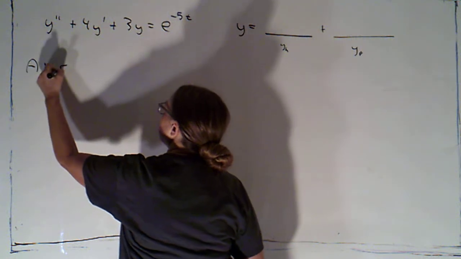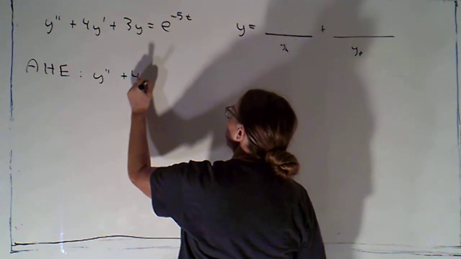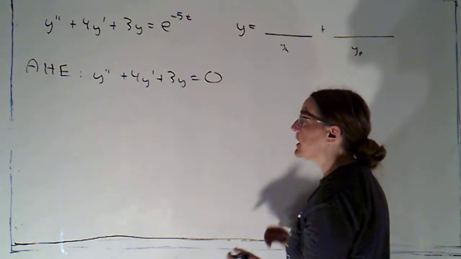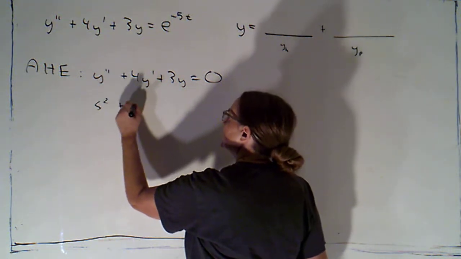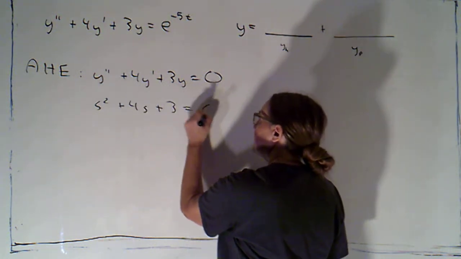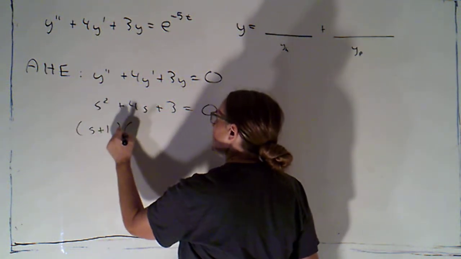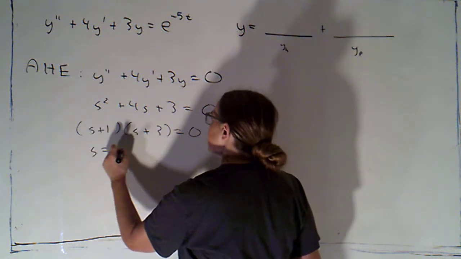The associated homogeneous equation is just y double prime plus 4y prime plus 3y equals 0. So the characteristic equation would be s squared plus 4s plus 3 equals 0. That's going to factor as s plus 1 times s plus 3 equals 0. So s is negative 1 or negative 3.